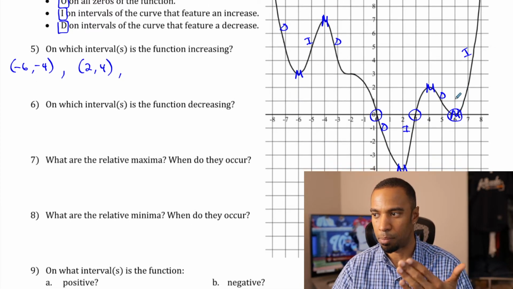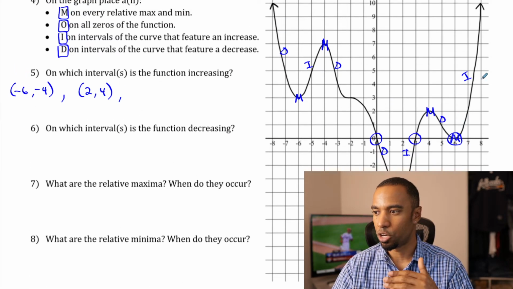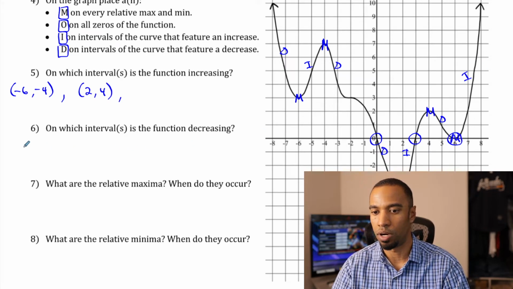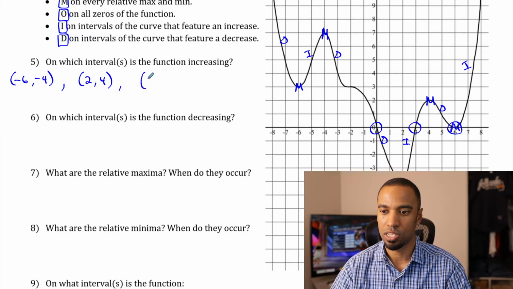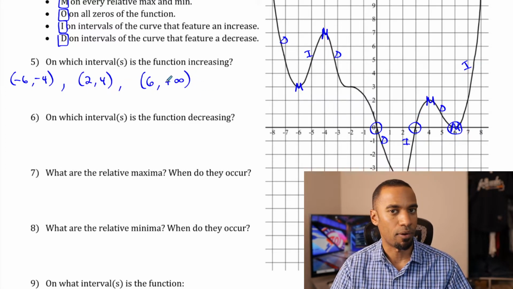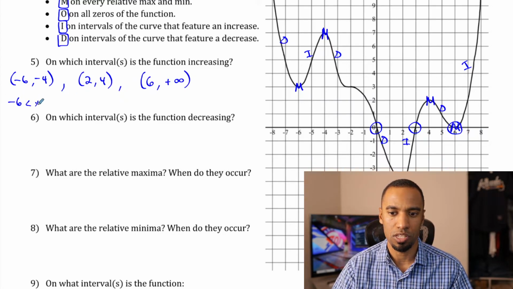This graph goes on forever, but from 6 onward, you're seeing an increase the rest of the way. The end behavior is going up right there. So from 6 to positive infinity, you see an increase in the function. So the markings help indicate it, and then we get to write them out right here in interval notation. You can use inequalities, but do you want to see me do this each time?